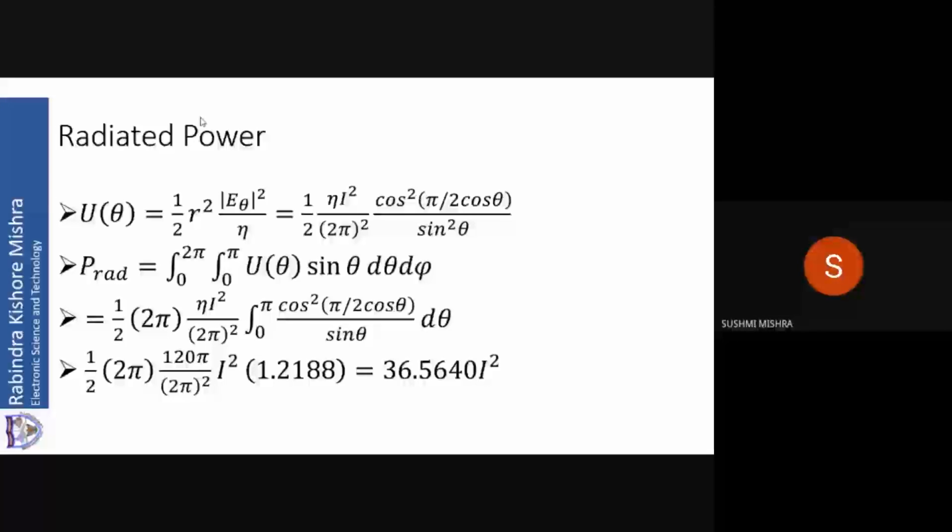Then we have 120 by 2, that is 60. 60 into 1.2188, that gives me approximately 36.5640. That into I square. So my P rad now becomes 36.5640 I square. Now remember this value for P rad. Maybe I will use it later.